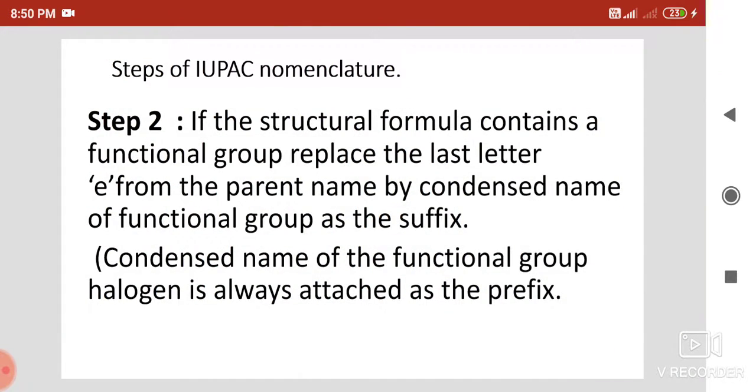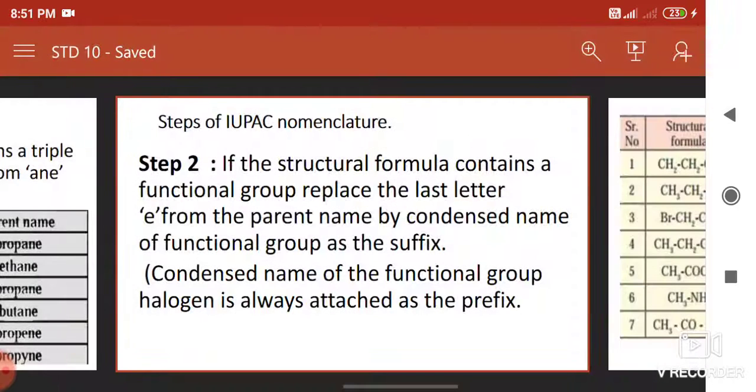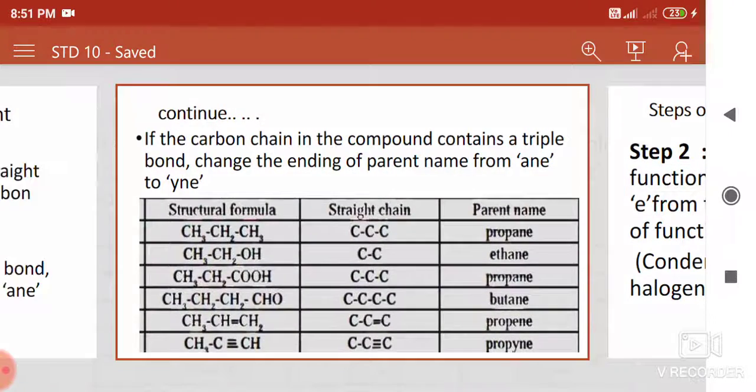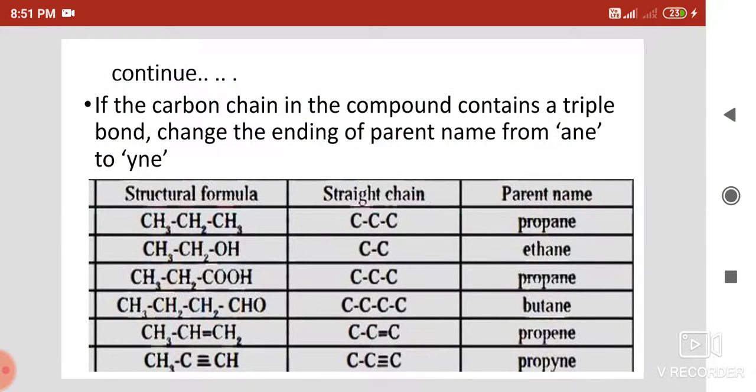In step two, if the structural formula contains a functional group, replace the last letter E from the parent name by the condensed name of the functional group as a suffix. Suppose in the previous example we had the functional group OH, CH3CH2OH.